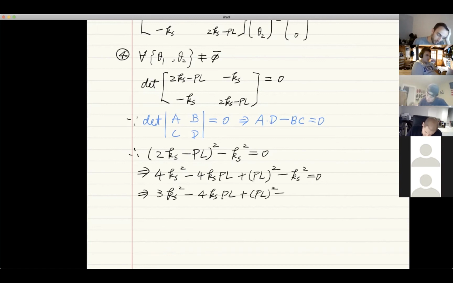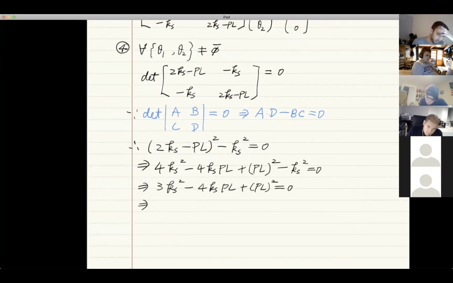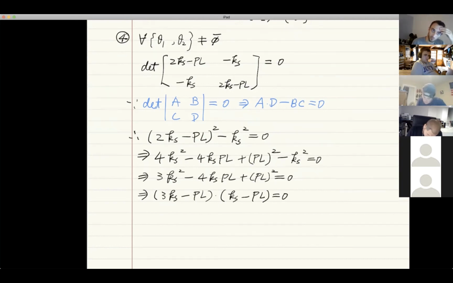And you can certainly, by observing the factors, or you can use other approaches. This is a simple problem because we can see that this can be expressed by this, can be written as the product of these two terms. The first one, 3ks minus PL, times ks minus PL. This will be 0. So what does that mean?